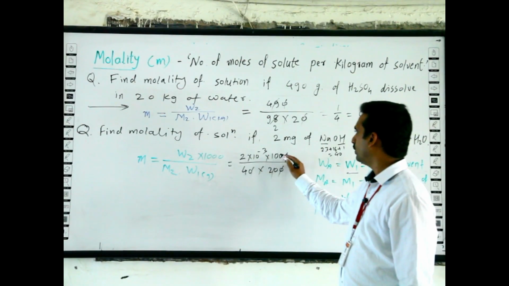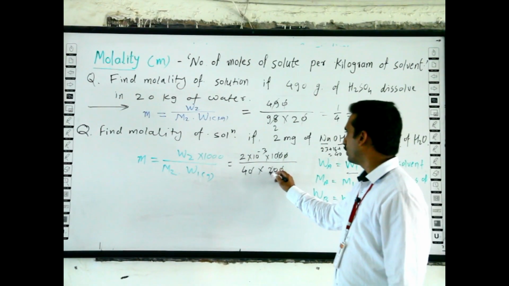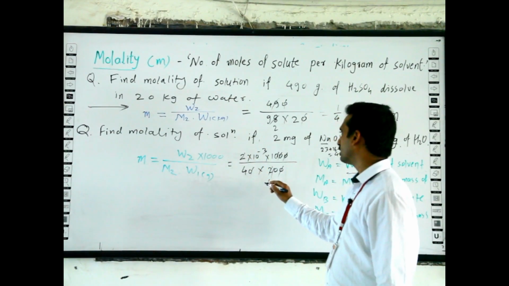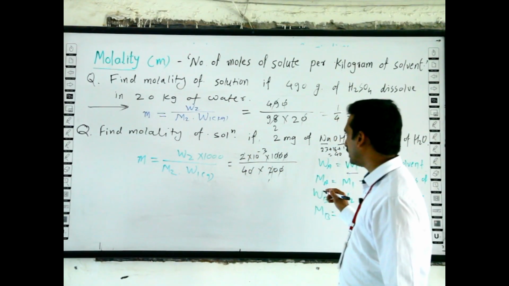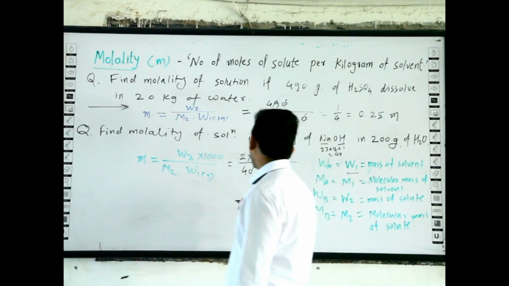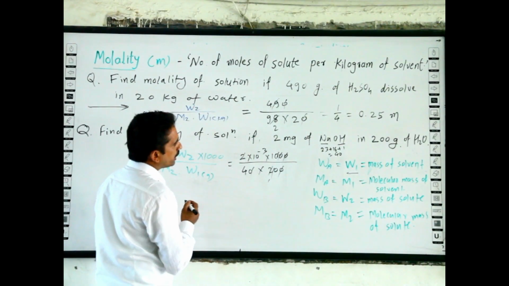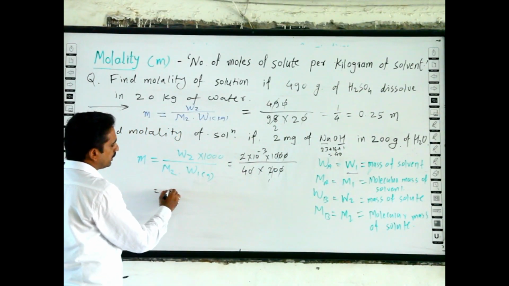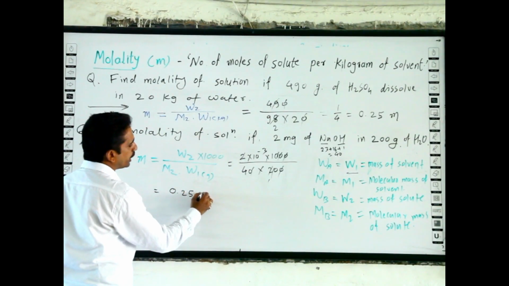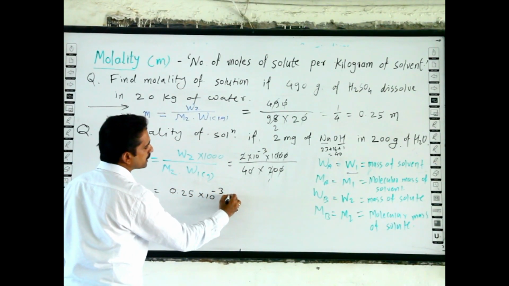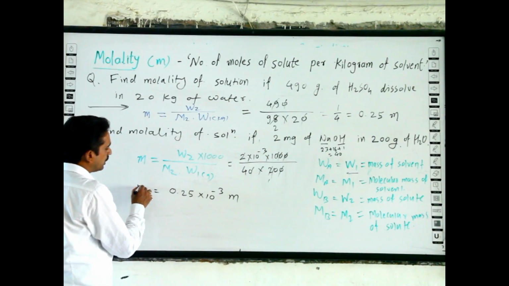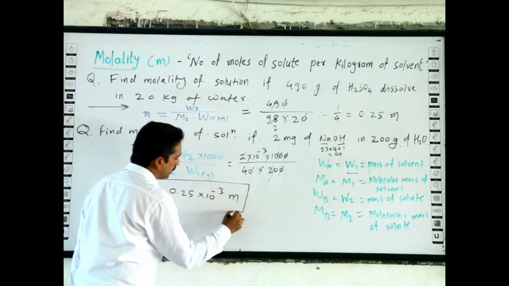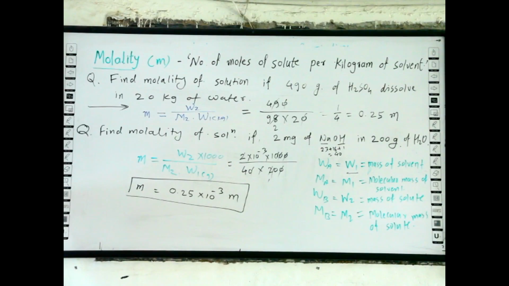Here 2 cancels 4, that is 1 by 4 into 10 to the power minus 3, 0.25 into 10 to the power minus 3 molal is the concentration of the solution.